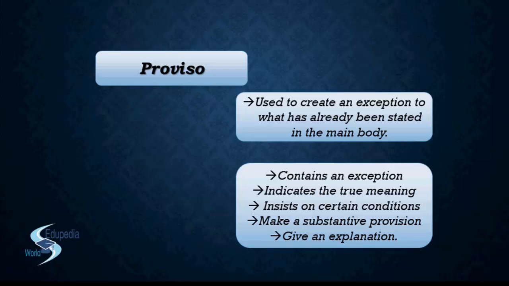Now next, if we talk about proviso making a substantive provision, what does that mean? That means that when the legislature drafted the statute, they included a provision in it, and they have taken it to one level. They have included certain scope, objective and purpose to that provision, right?